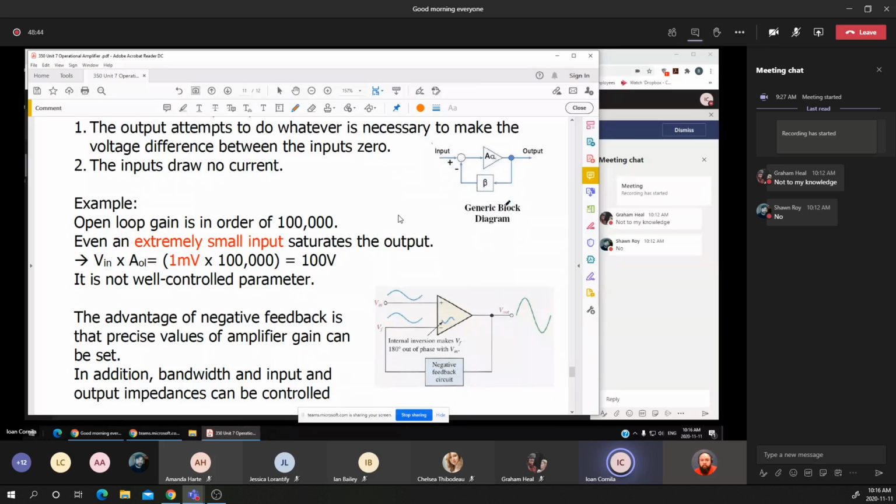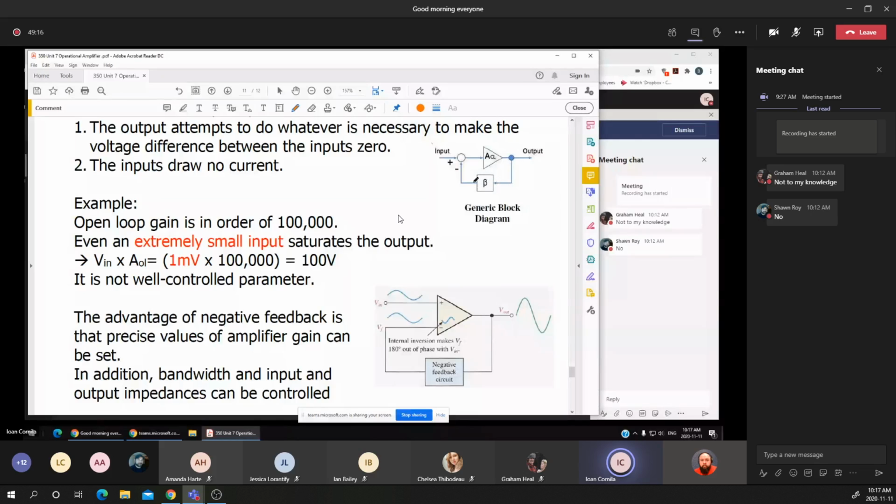Now that's a generic block. You may see something similar with the generic block using a negative feedback in some other courses, but at this point that is emphasizing the symbol for an op-amp as a system that has an output voltage. The output voltage, or a portion of the output signal, is returned.